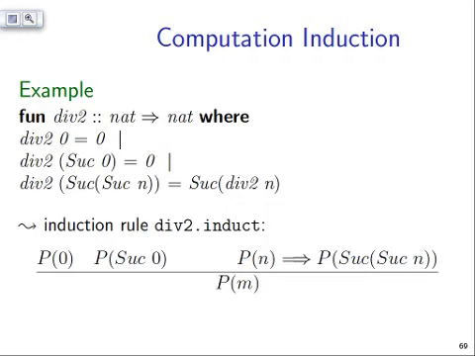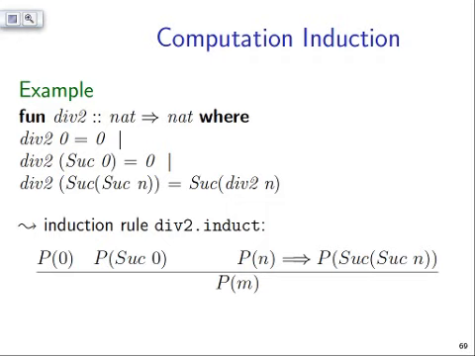And you have to prove that if it's true of n, it's also true of successor of successor of n. That corresponds to the recursive call, where you go down from suc suc n to n, and in the induction you have to go up. You have to show that if your property is true of n, it's also true of suc suc n.